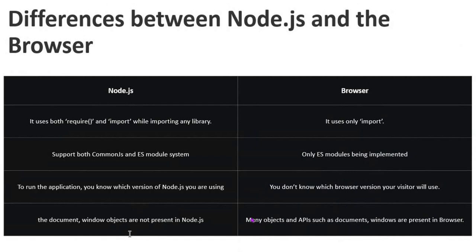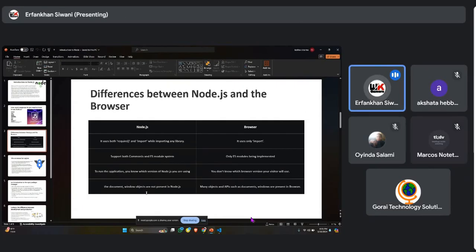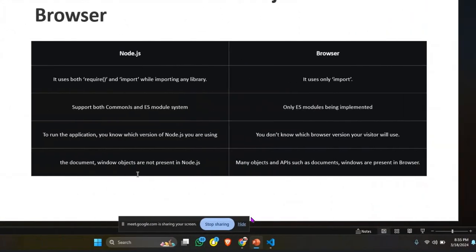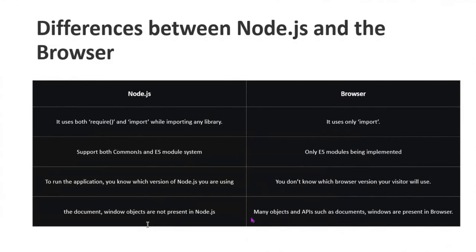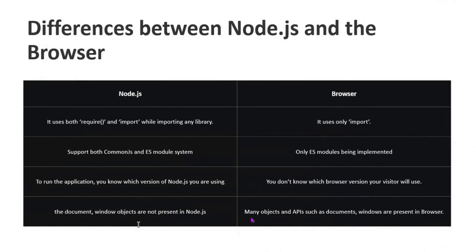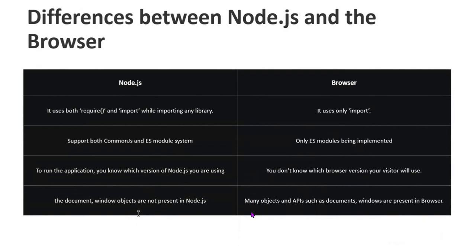Node.js supports both CommonJS and ES6 modules. CommonJS is what we used before ES6, and we can also use it in Node.js, but in the browser we can only use ES6 modules, because the browser is an updated version, so we cannot use the previous versions of JavaScript. So we have to use only ES6 modules when implementing JavaScript in the browser. In Node.js, when we run an application, we know which version of Node.js we are using, so we have to know which version we are working with.